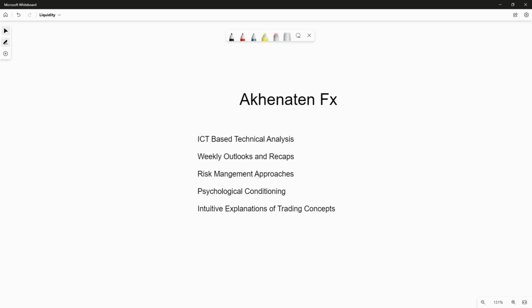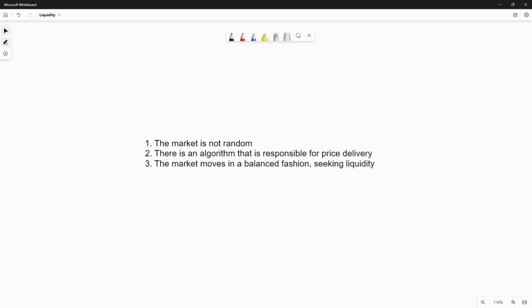I hope to provide an explanation that might help these concepts be a little more intuitive so that when you're looking at a chart, the understanding is right there as opposed to having to remember something that you might have learned but does not appear in your mind when you're in front of the charts.